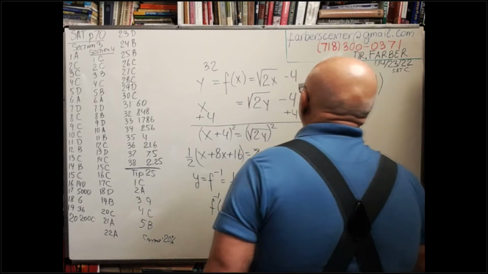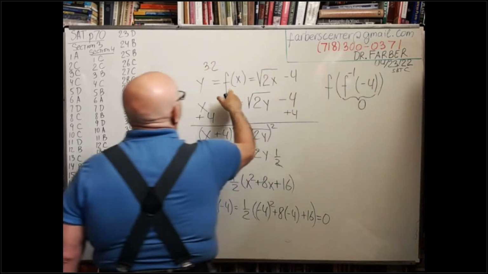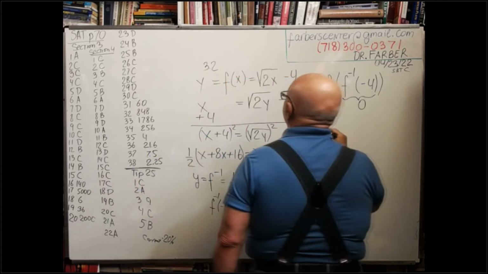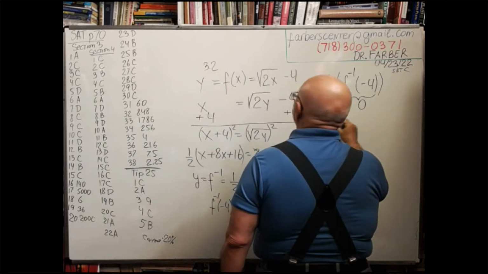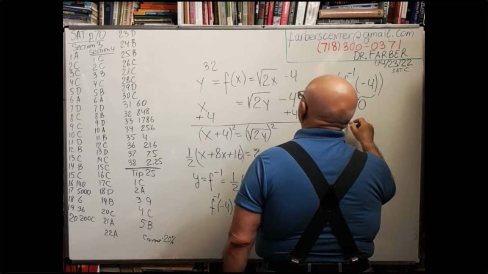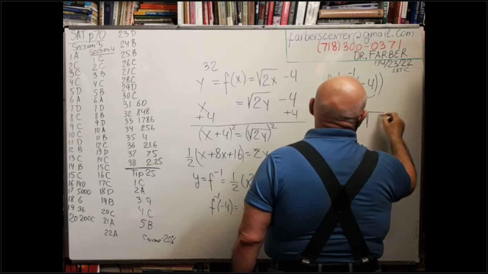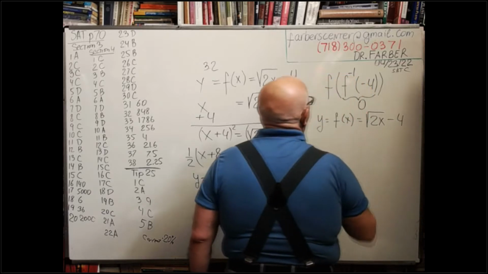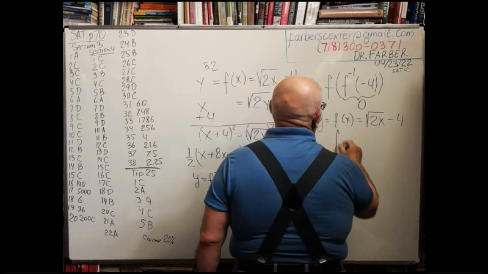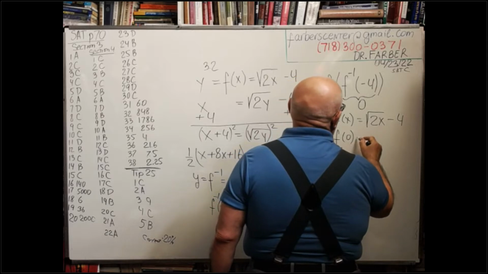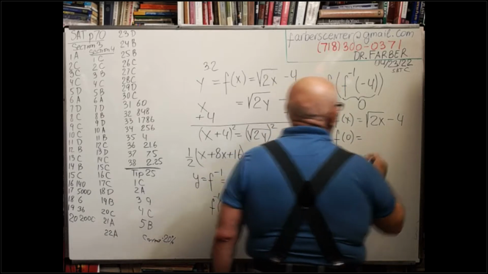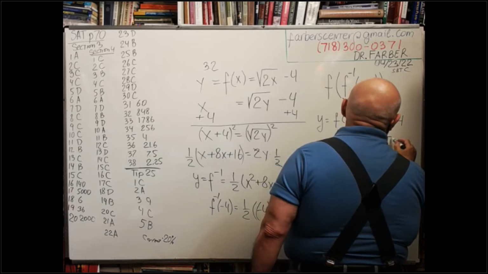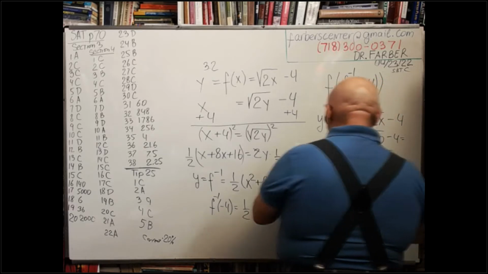Now, don't forget our original function. Our original function is y equals f of x equals square root of 2x minus 4, and find f of 0. Okay. Square root of 2 times 0 minus 4, which is negative 4.